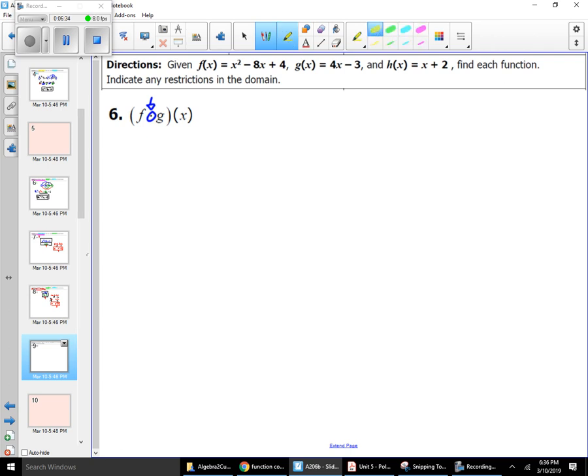And we're multiplying this quadratic, that's f, times g. Oh, that's 3 terms times 2 terms. If I was writing this out sideways, it'd be x squared minus 8x plus 4 times 4x minus 3.